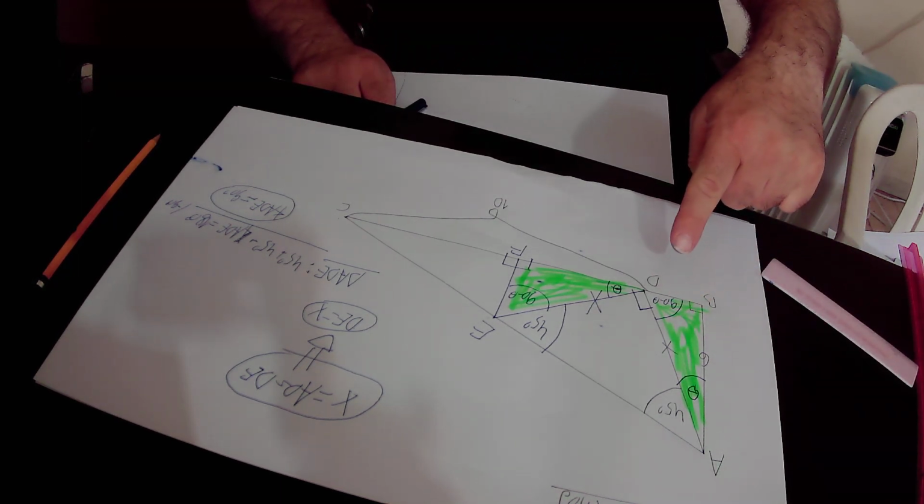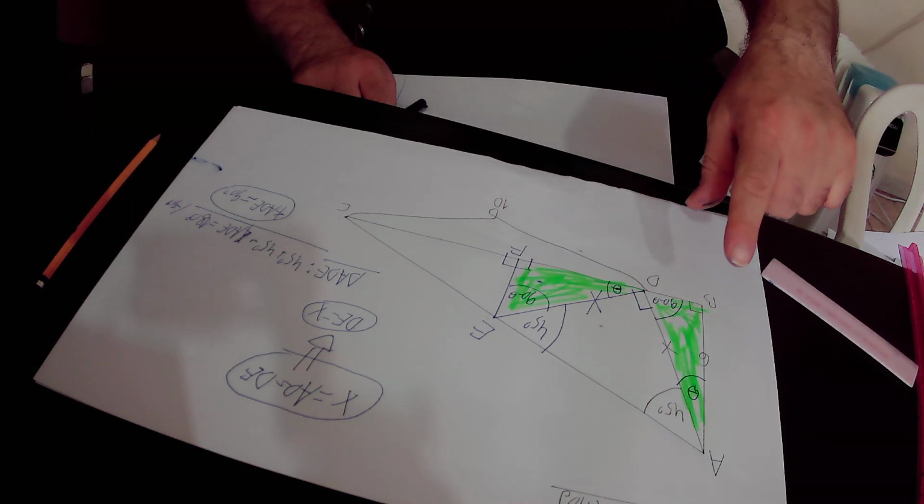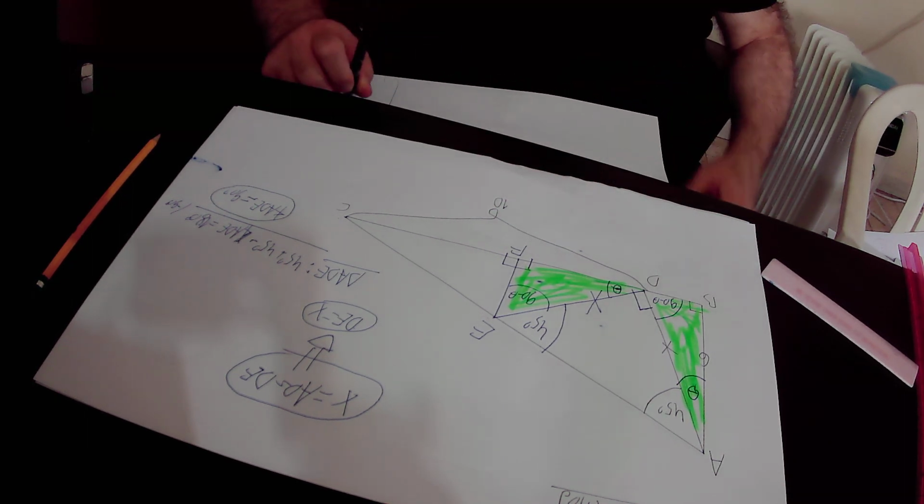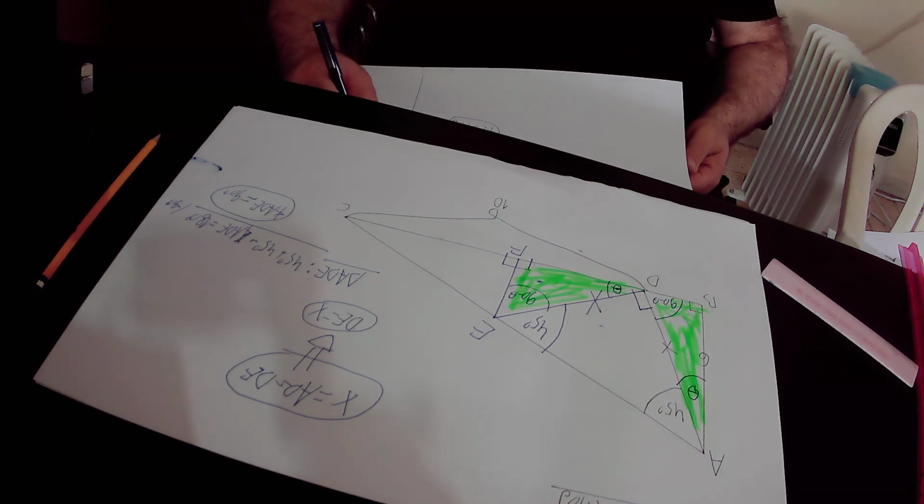Side AD is equal to side DE, and both sides are equal to X. AD equals DE equals X.